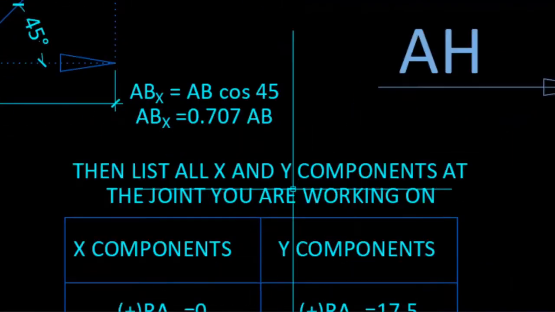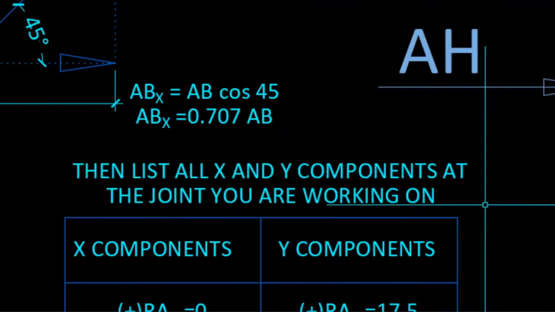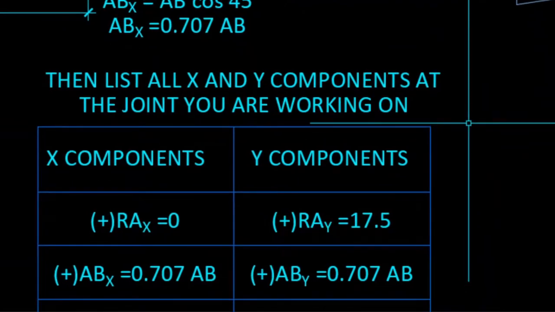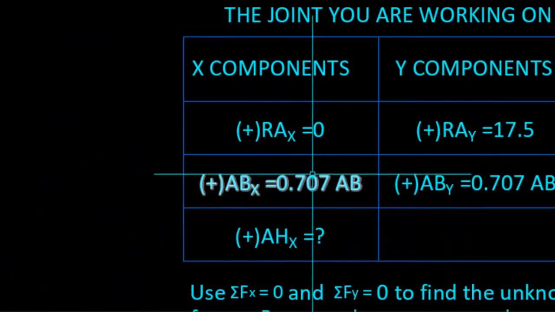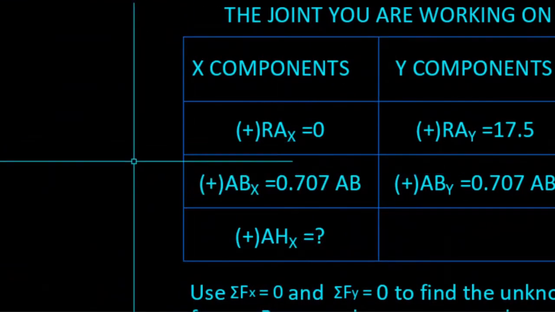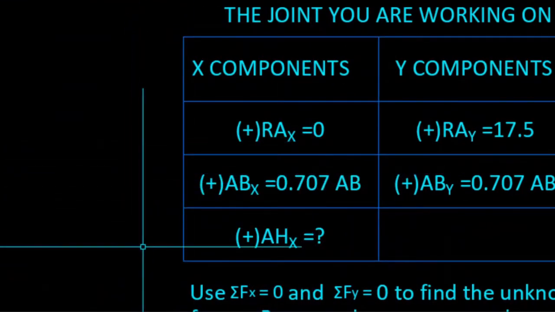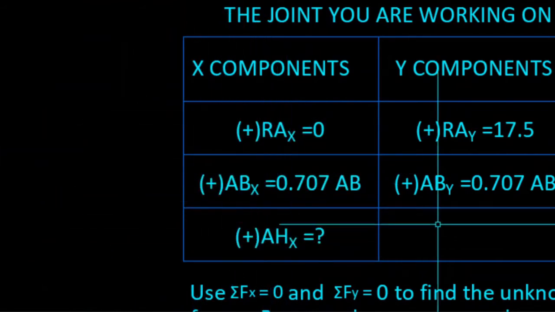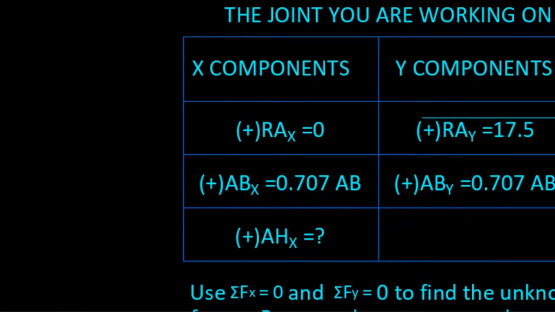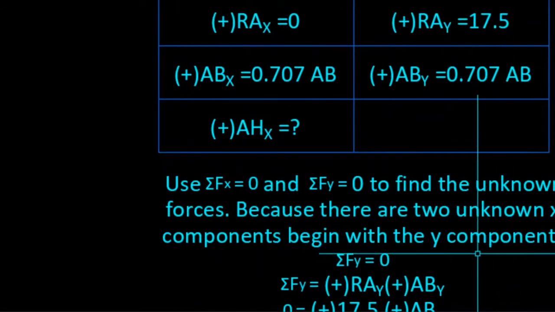Next thing we do is we list all the x and y components that are occurring at the joint that you're working on. In this example, we have RAX, ABX, and AHX. You'll see here that I included the signage for each of these forces, and respectively I did the same for the y components.